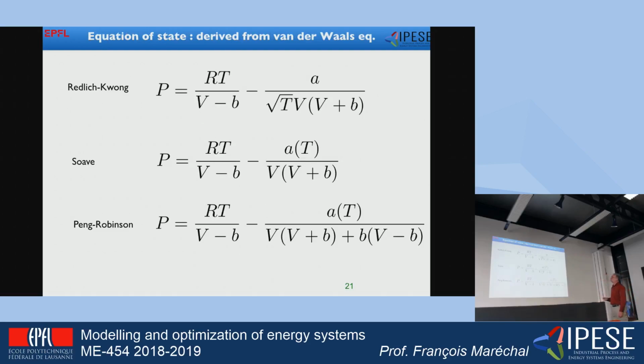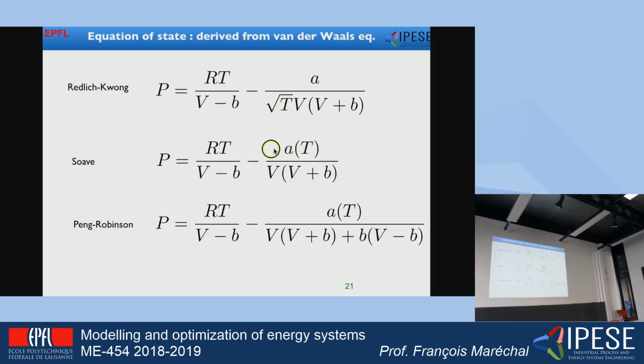So this is the Redlich-Kwong equation of state, this is the Soave one, this is the Peng-Robinson one. Okay? So you can see that all those formulas are more or less following the same principle based on the van der Waals equation, but with some different influences, okay?